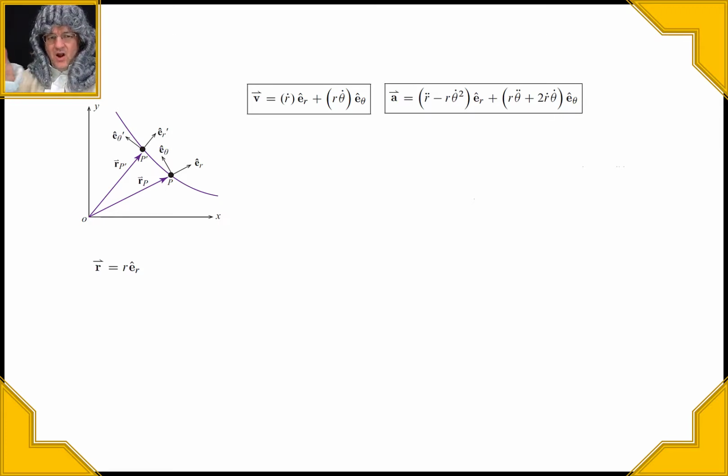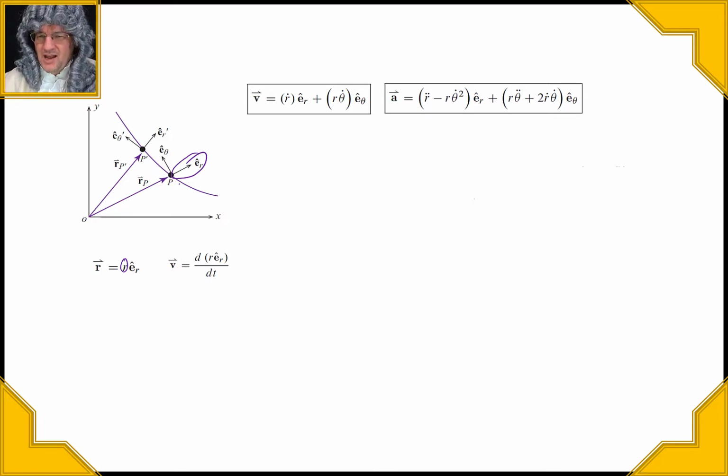Because e_r is defined, its angle is defined, right? The unit vector is already defined, this e_r right here. So all you really need is a magnitude and the e_r to be able to get it. But it's when you take the derivative of it, and remember, a couple classes ago, maybe it was in class 3, we're in class 5 now. In class 3, you want to go back and take a look.